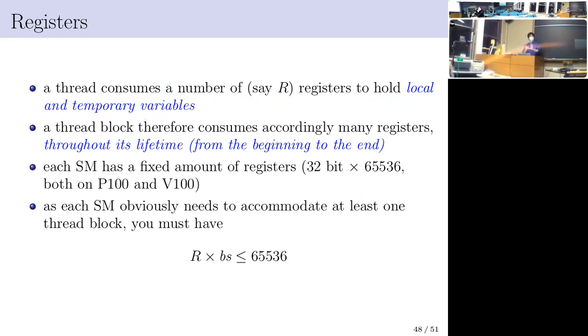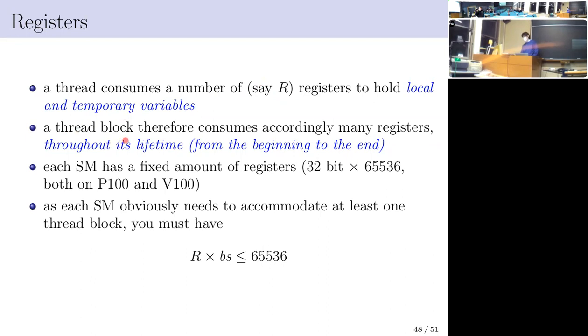You don't have to know the exact mechanism by which this number is determined, but this is primarily a compiler job. When the compiler takes your program, it translates it into a series of instructions manipulating values on the registers. And along the way, the compiler assigns some number of registers to each thread. So let's say the compiler ends up assigning R registers to each thread.